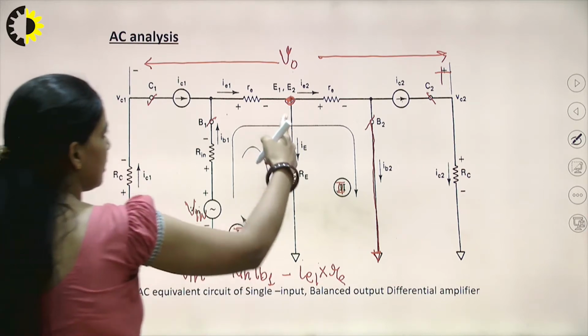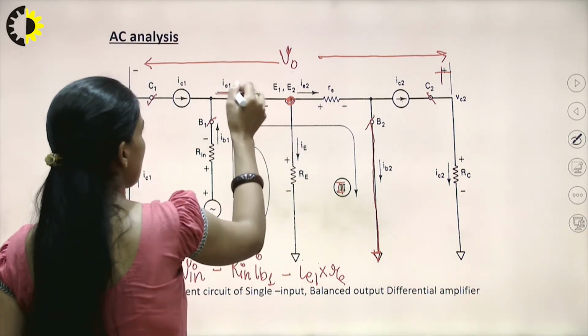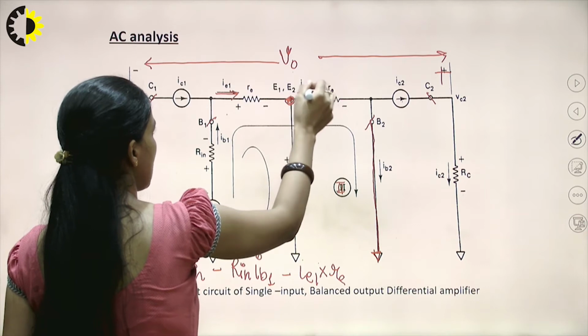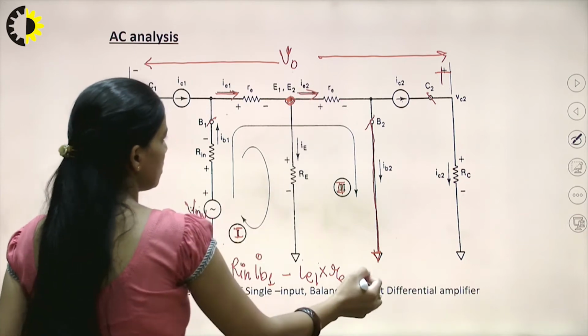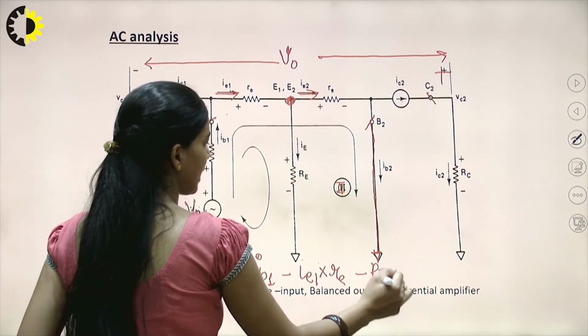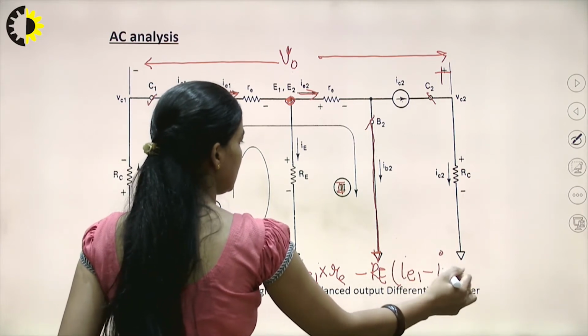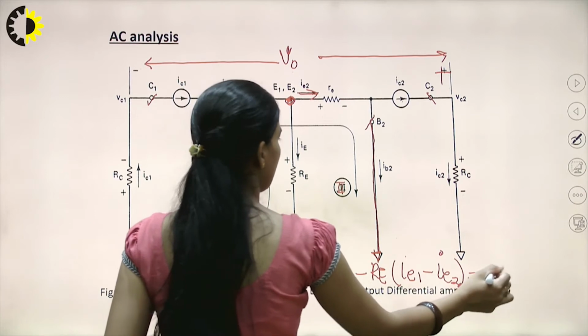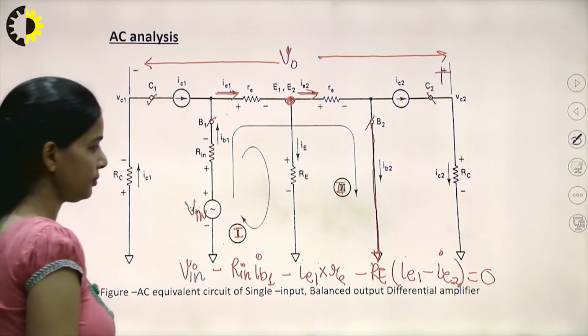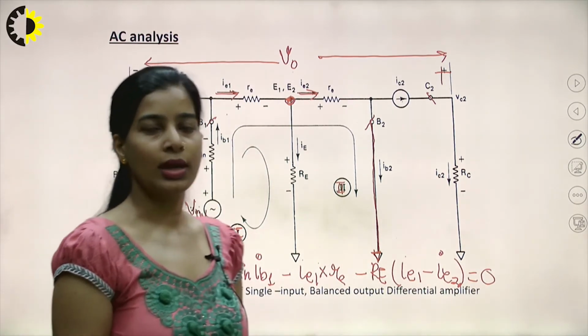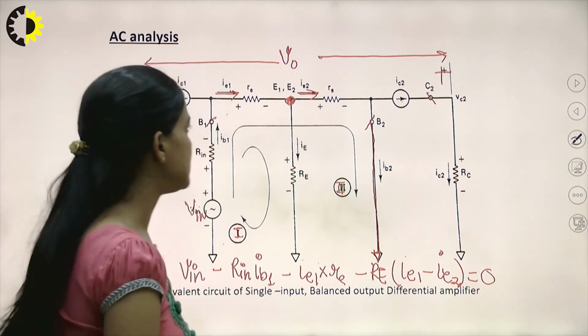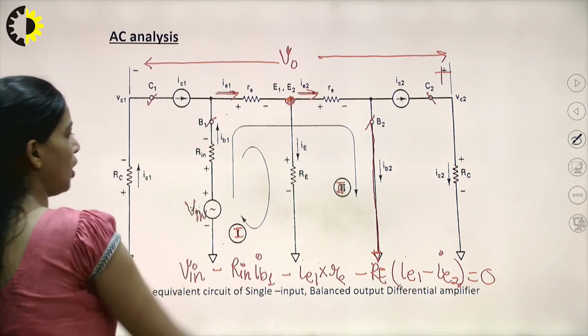Then here we can see the current IE1 is in and IE2 is out. So with RE we can write as IE1 minus IE2 is equal to 0. This will be the one KVL equation. Similarly we can write for loop 2.